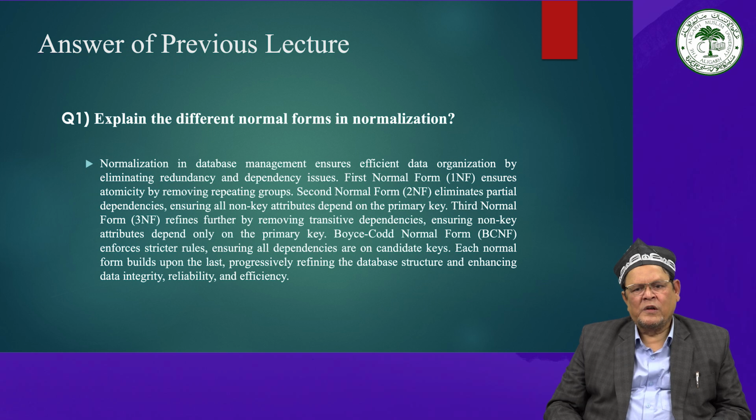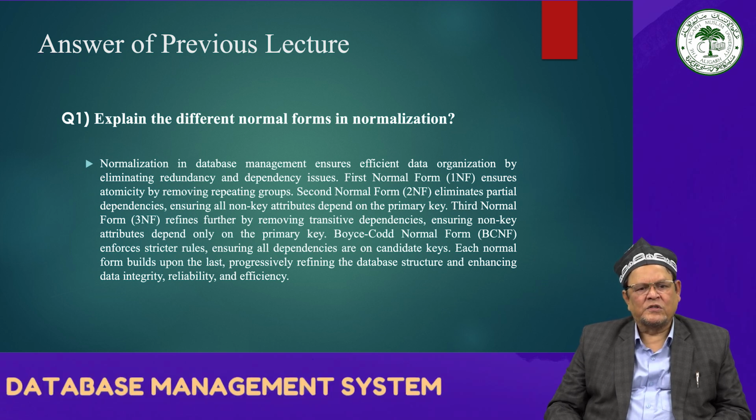First normal form ensures atomicity by removing repeating groups. Second normal form eliminates partial dependencies, ensuring all non-key attributes depend on the primary key. Third normal form refines further by removing transitive dependencies, ensuring non-key attributes depend only on the primary key.